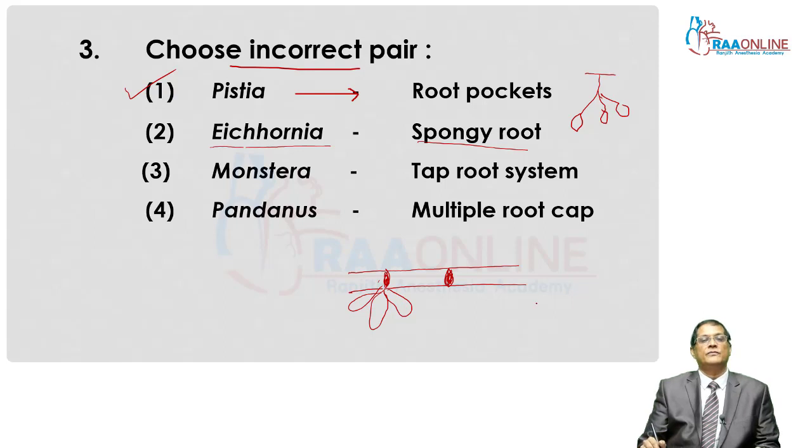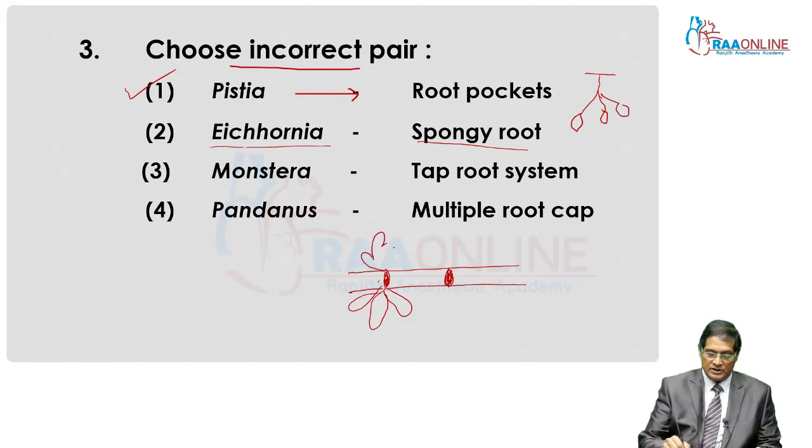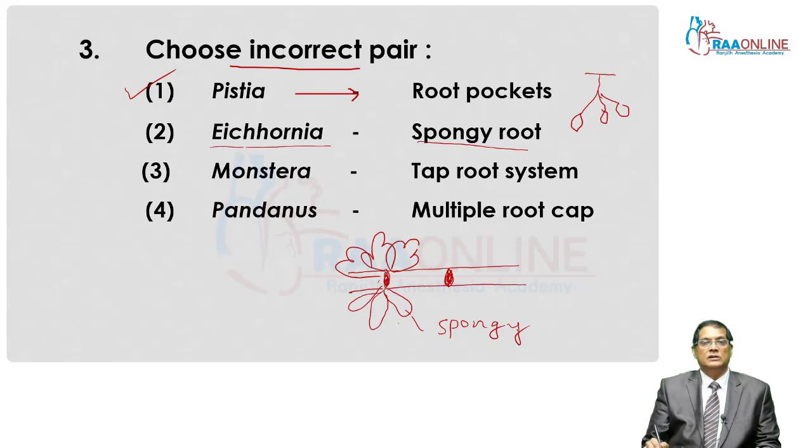These are helpful in buoyancy. In the upper portion, leaves are there. These are the spongy roots in Eichhornia, and they are adventitious roots.